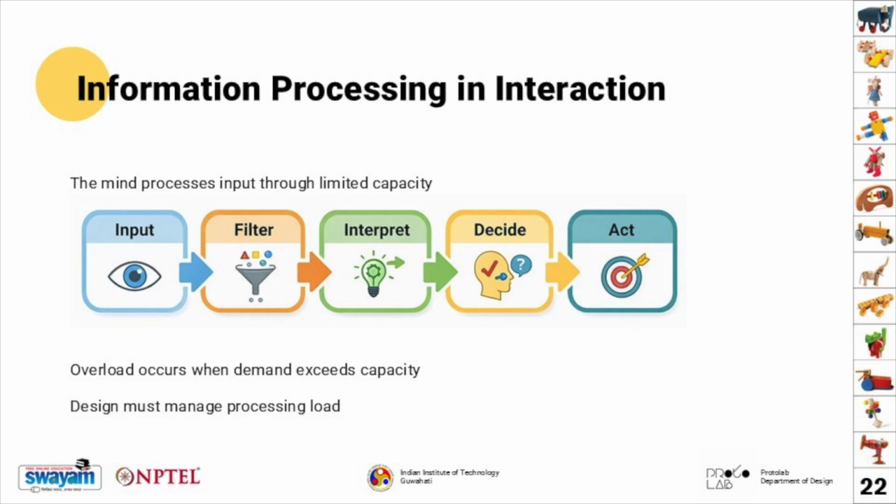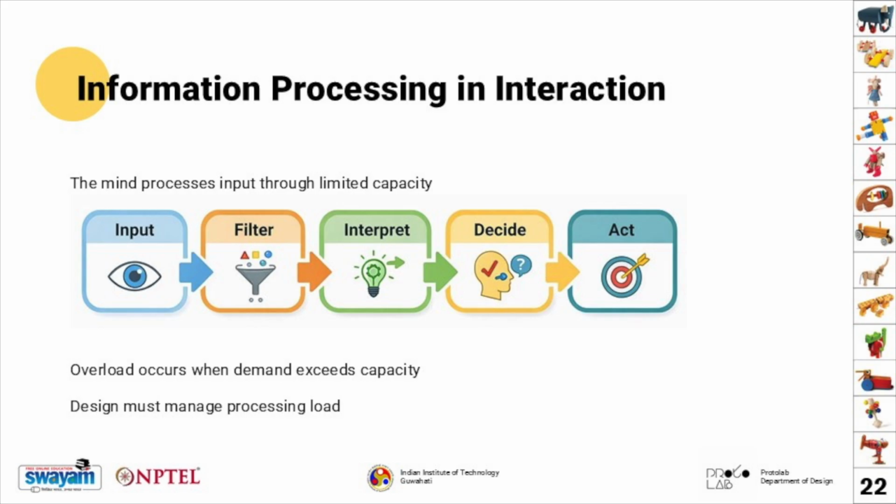When a toy presents too many elements simultaneously, the processing chain slows down. The child pauses, repeats actions, or shifts randomly, not because they are distracted, but because processing is overloaded.